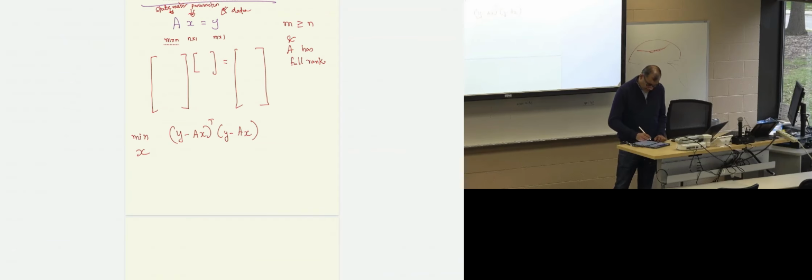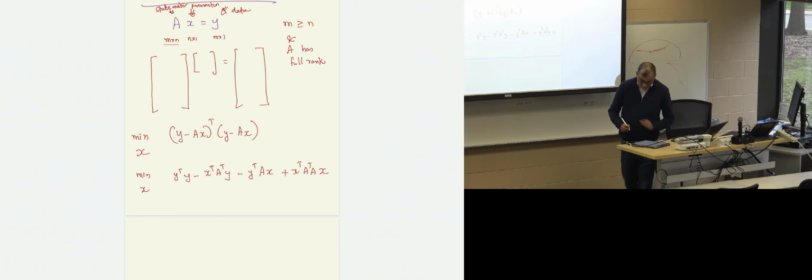Let's just expand that. So this is minimizing over x, y transpose y, minus x transpose A transpose y, minus y transpose Ax plus x transpose A transpose A x.